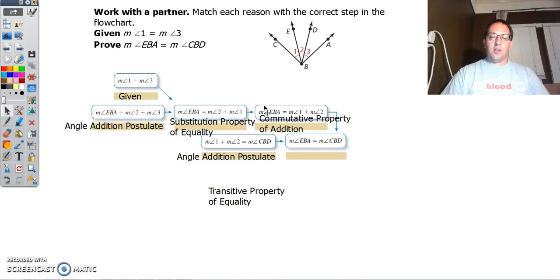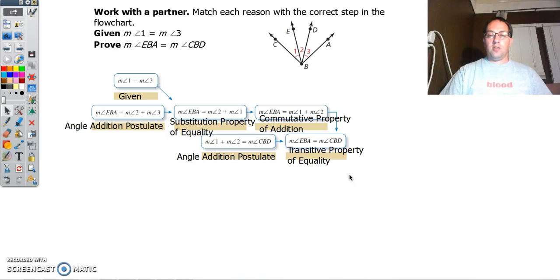Well, if we notice, we have this equals 1 plus 2, and 1 plus 2 equals CBD, so EBA and CBD both equal 1 plus 2. I have two things equal to a third thing, so they must be equal to each other. That is the transitive property of equality.